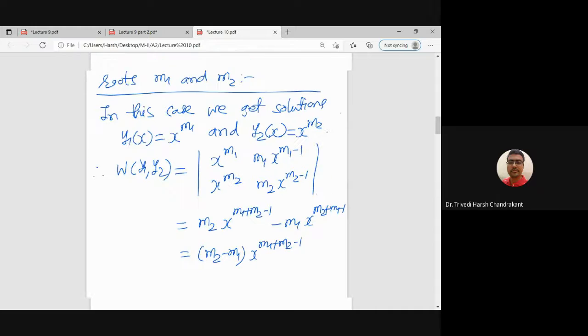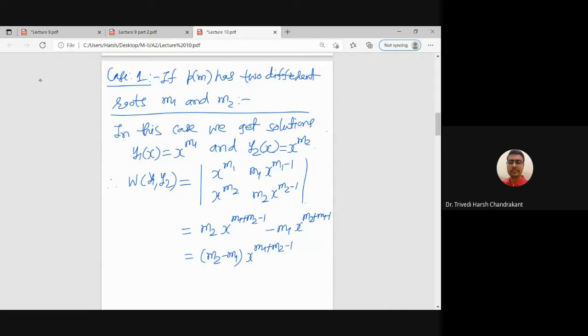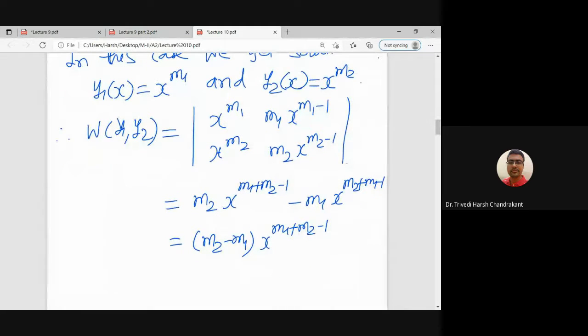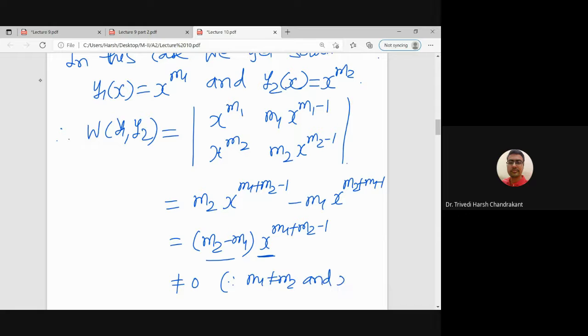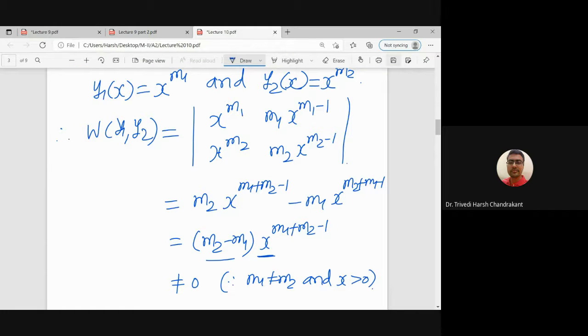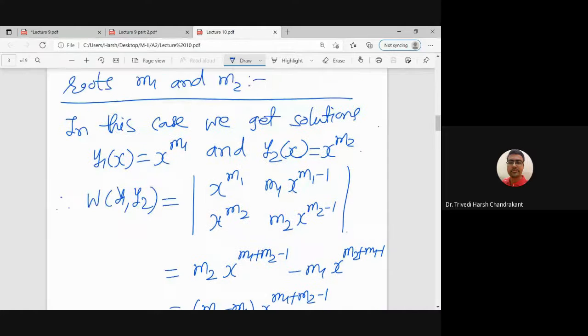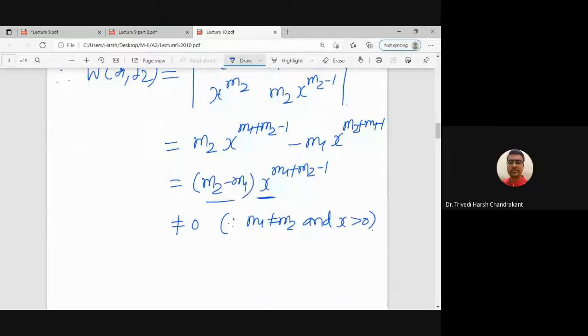Now we know in this case that m1 and m2 are different roots of Pm, so m1 is not equal to m2, and we are taking x positive. Since x is non-zero, this multiplication is also non-zero because m1 is not equal to m2 and x is positive. So in this case, the Wronskian of x power m1 and x power m2 is non-zero.